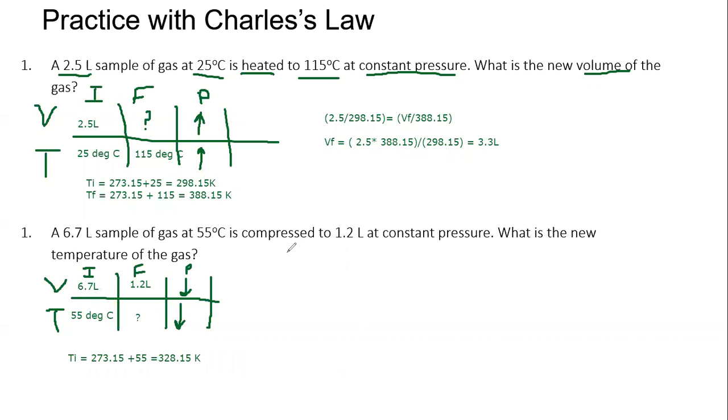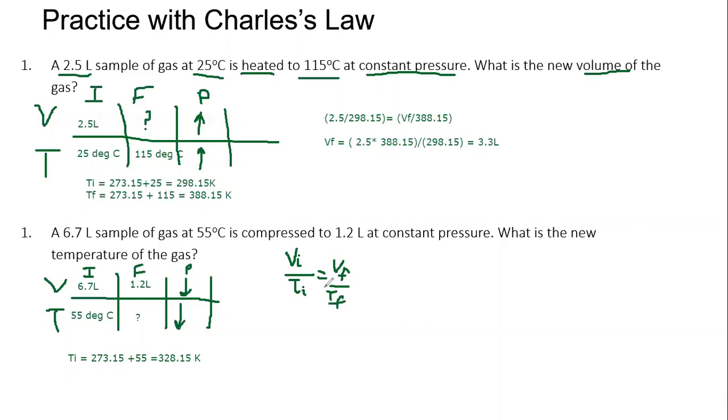Before we begin plugging away, just to show you, now we have V initial over T initial equals V final over T final.